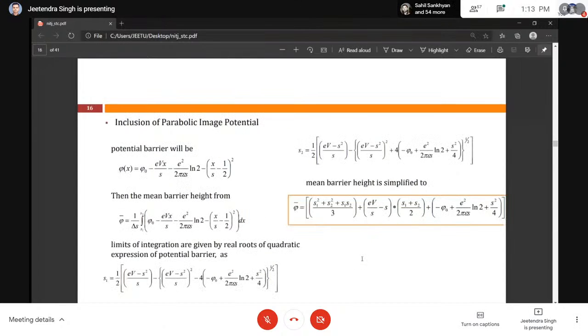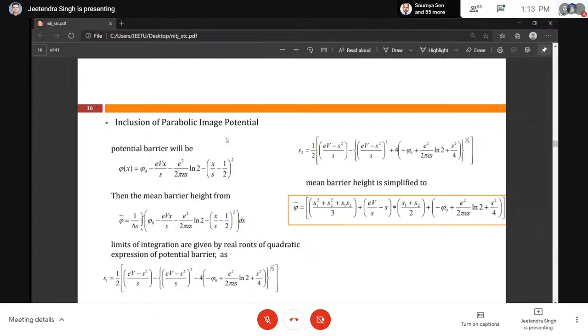Then, the parabolic image potential can also be applied, because we initially considered three image potentials: triangular, parabolic, and rectangular. So we find the mean barrier heights for all the potentials, and then we compare with the experimental data.